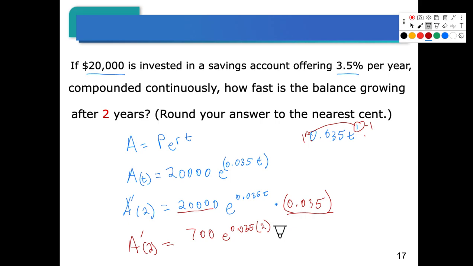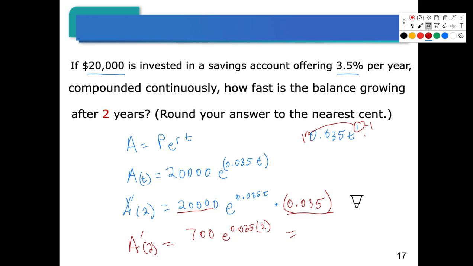What this is going to give us is the interest we earn in year 2, without ever calculating what the accumulated value is in year 2. We could do that, but when we do this, we get like 750 something. Has anyone got a calculator?